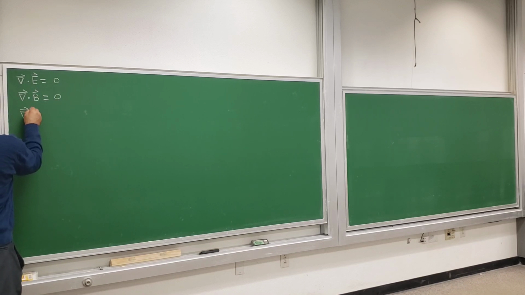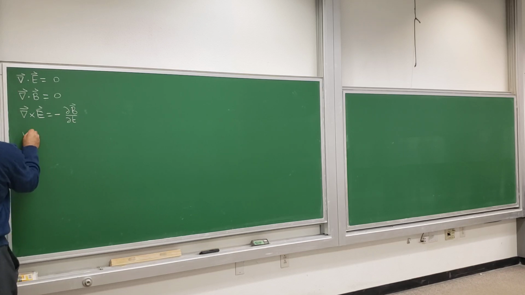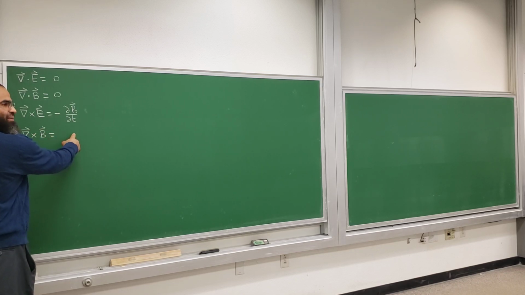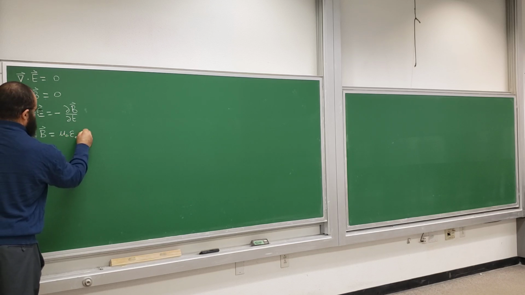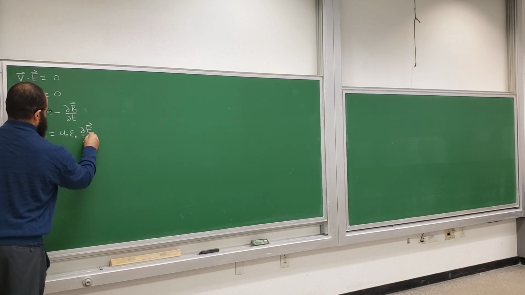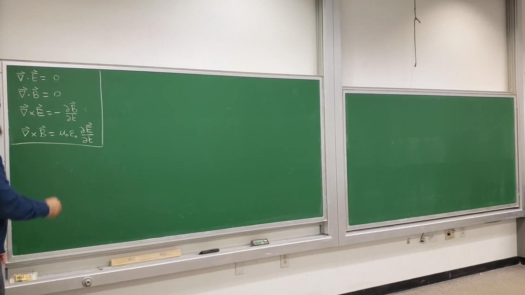The curl of E is equal to minus dB dt, and the curl of B was mu naught J, but there is no current, so J is 0, so we get mu naught epsilon naught dE dt. So those are the 4 equations. If you find a solution, it has to satisfy all 4 equations simultaneously.